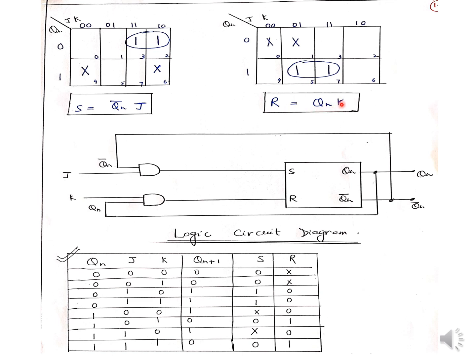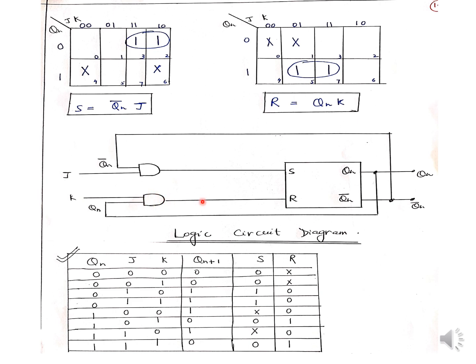Now the next one is R equals Qn into K. That means one input is K, one input is Qn, and they both are connected with the AND gate. So this is my AND gate. One input is K and another is Qn. So where is my Qn? Qn is one of the outputs of the SR flip-flop. So I have connected Qn with this.